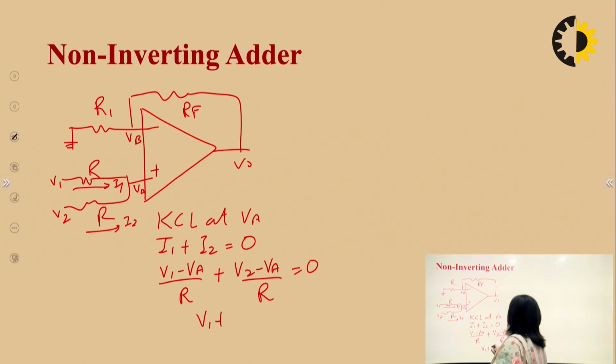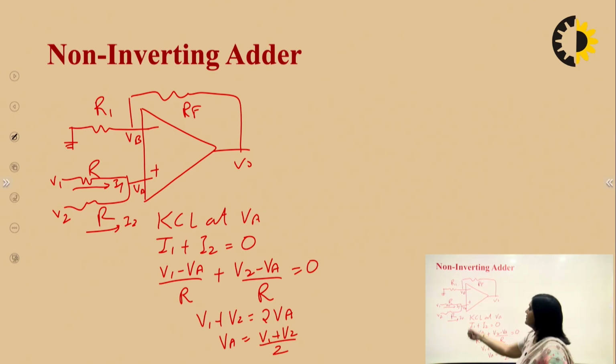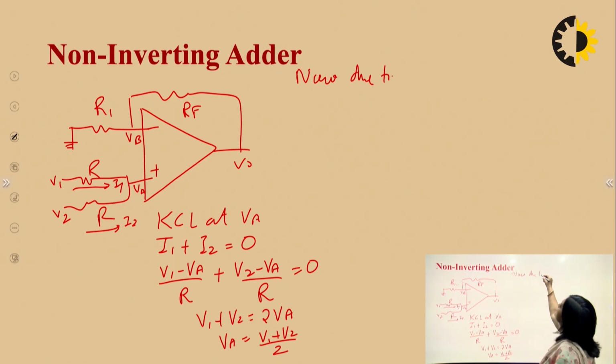So V1 plus V2 is equal to 2 VA, so VA is equal to V1 plus V2 upon 2. Now, due to the virtual ground, VA is equal to VB.